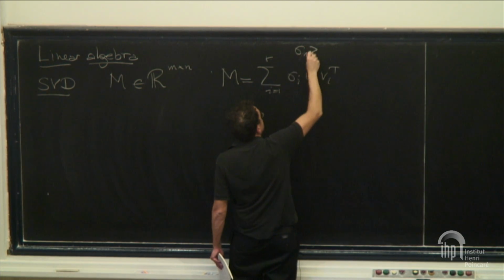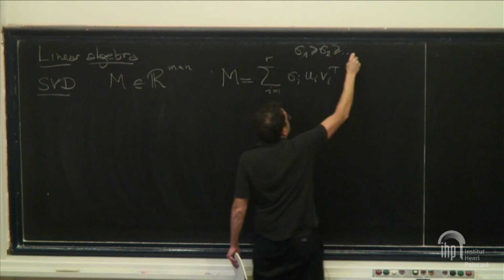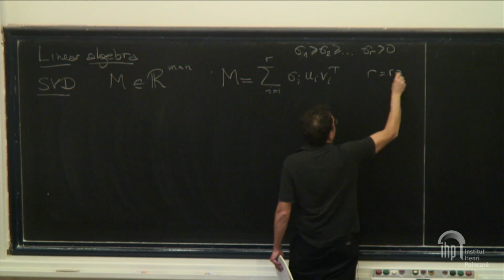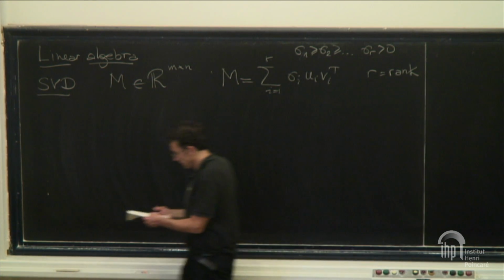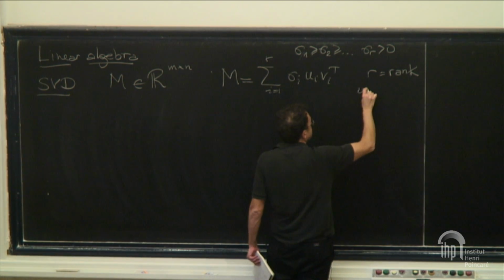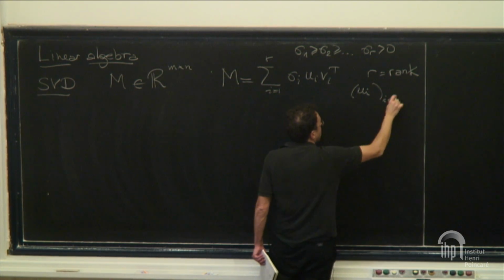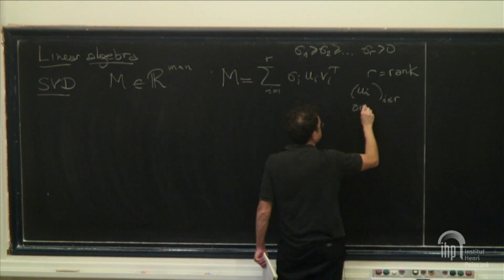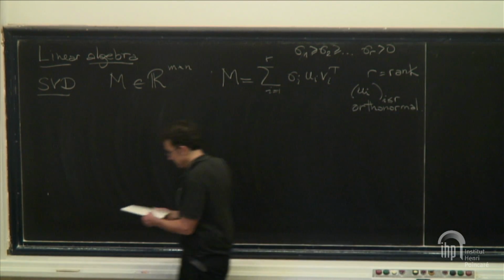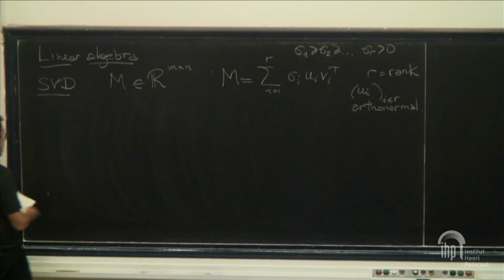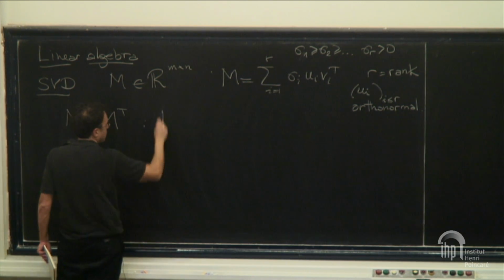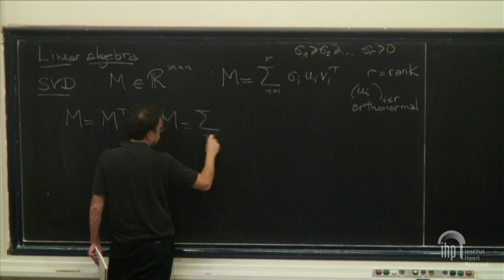So sigma_1 ≥ sigma_2 ≥ ... ≥ sigma_R > 0, and R is the rank. And the u's and v's are orthonormal vectors. So u_i for i ≤ R are orthonormal, and the same for the right singular vectors. And of course, if M is equal to M transpose, so M is symmetric, we replace this by the eigenvalue decomposition.